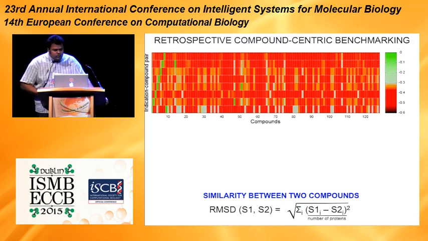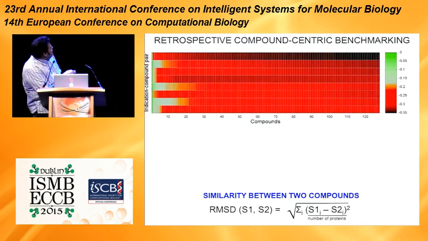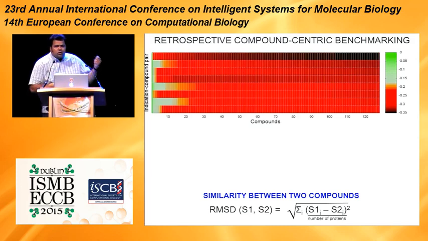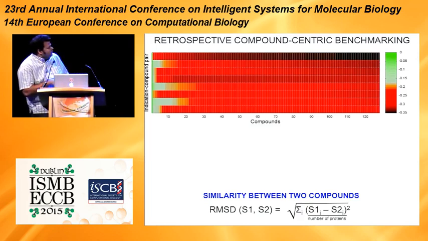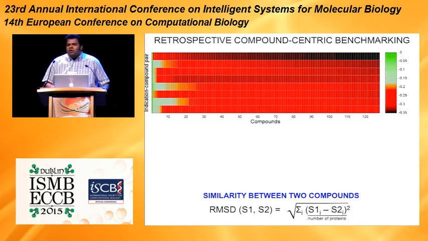What I'm showing you here is an indication-compound pair, that is, a compound which is removed for that indication, with the predictions sorted by a particular measure. In this case, we tested a lot of different metrics, and one which came up was this RMSD metric with the number of proteins, which gave a good result as far as benchmarking was concerned.